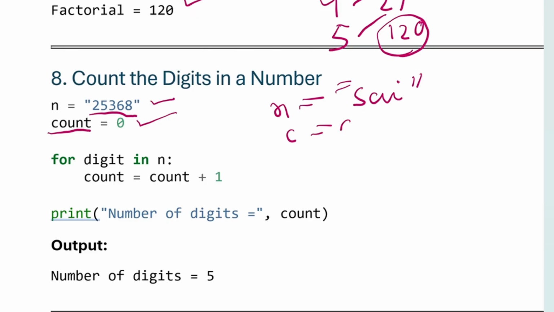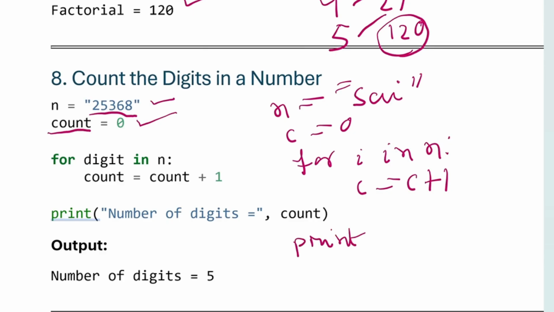Then write c equal to 0, for i in n, c equal to c plus 1. Then here write print, number of, print c. What will be the output?